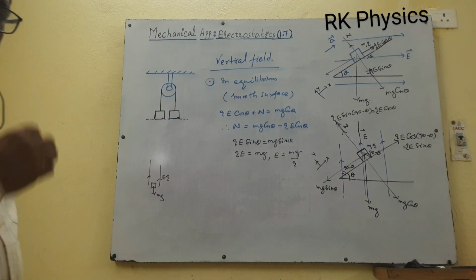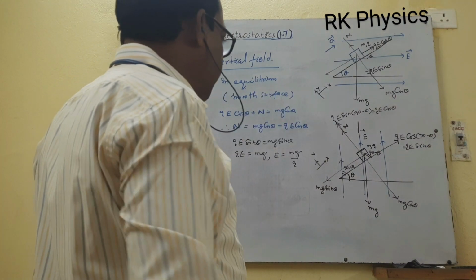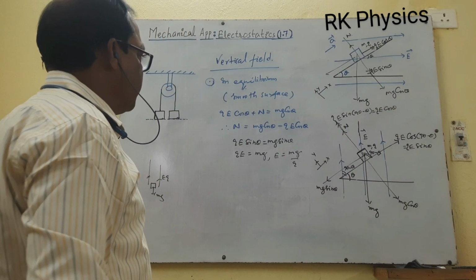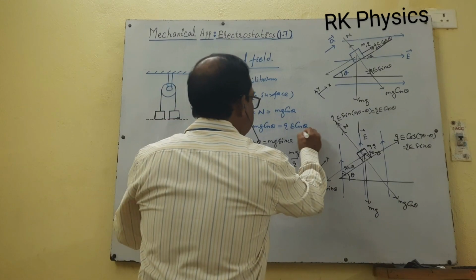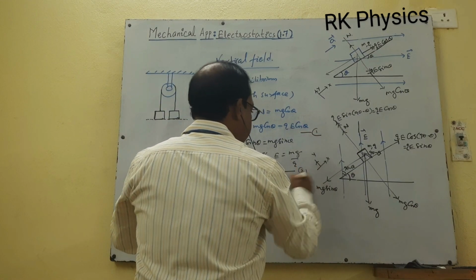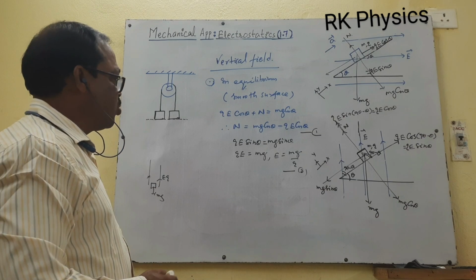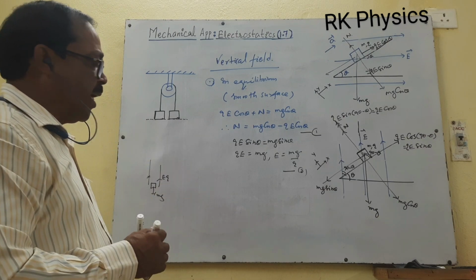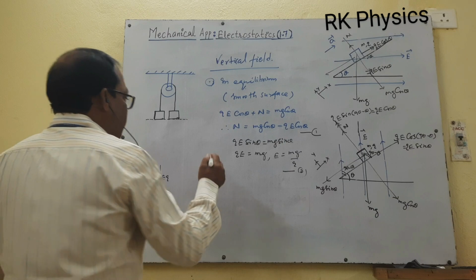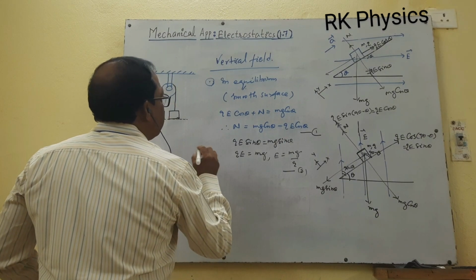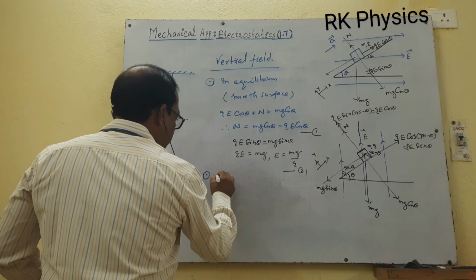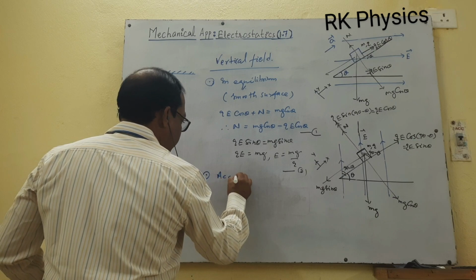Along the normal is the y component, along the inclined plane is x, and you write one equation along the x coordinate and another equation along the y coordinate. If the surface is smooth, the situation is like this. Then again another point you come to. Suppose the motion is accelerated.